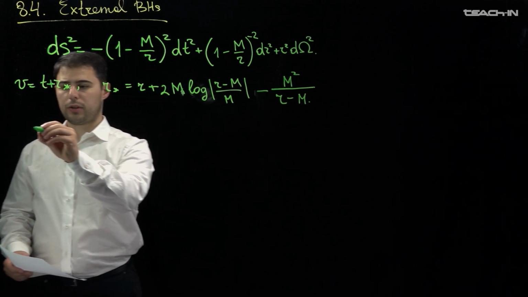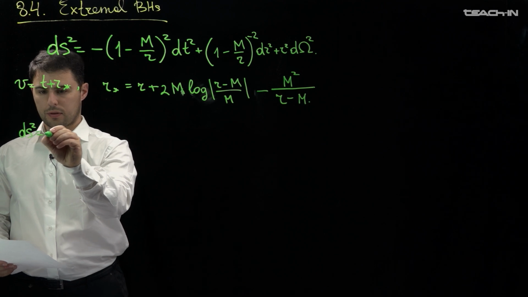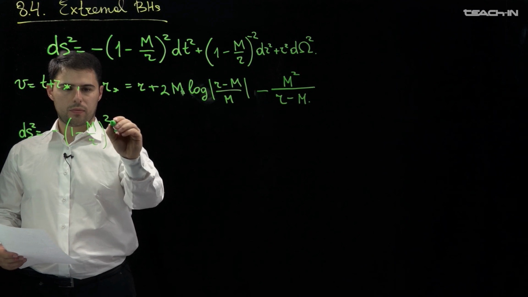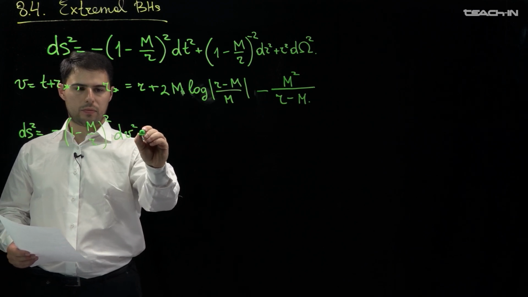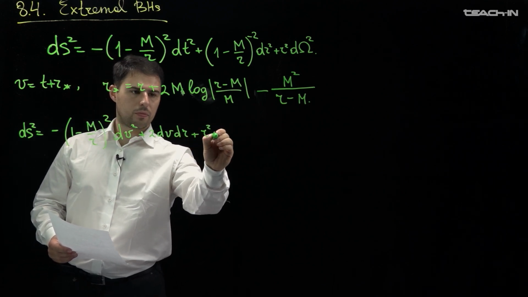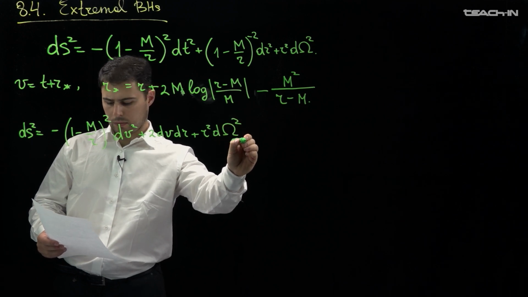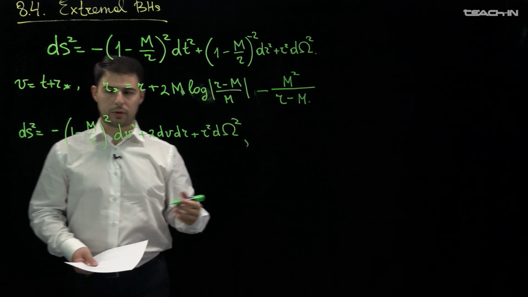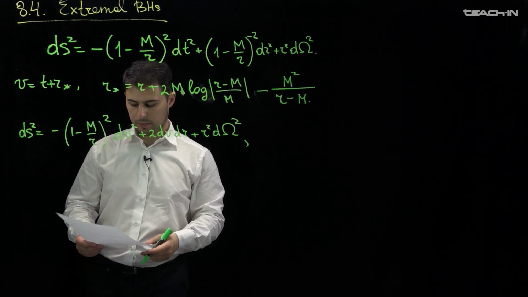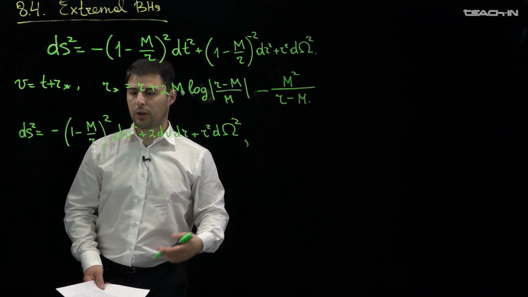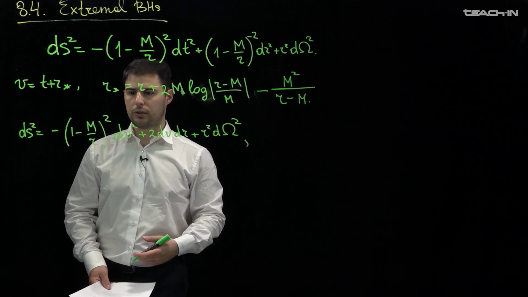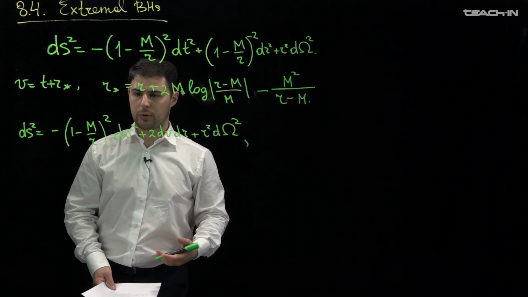So the metric is then ds squared equals the following. In particular, we have analytically continued into the interior region for r less than m, which is a black hole region. Again, we have the curvature singularity at r equals 0, and r equals m is a null hypersurface.